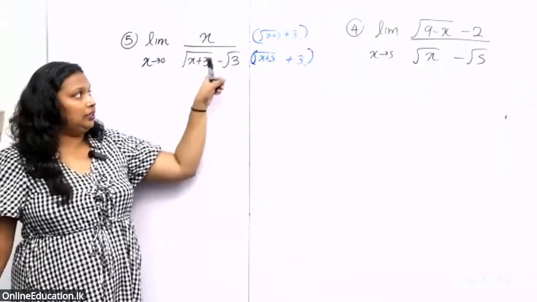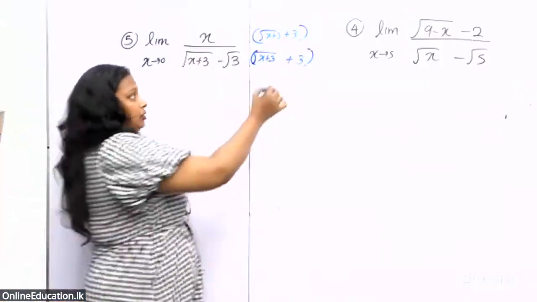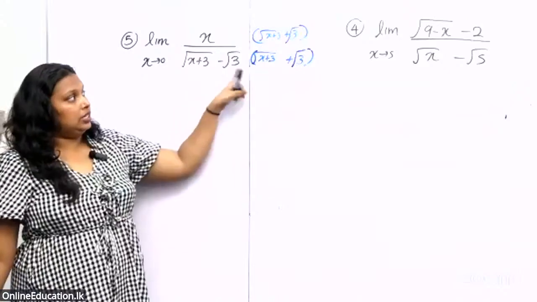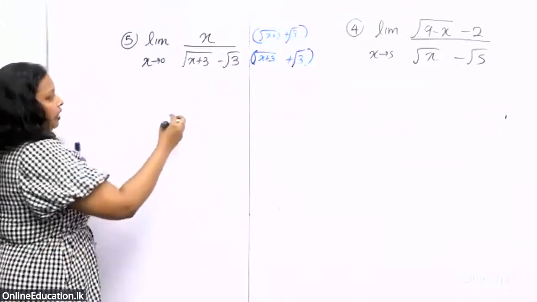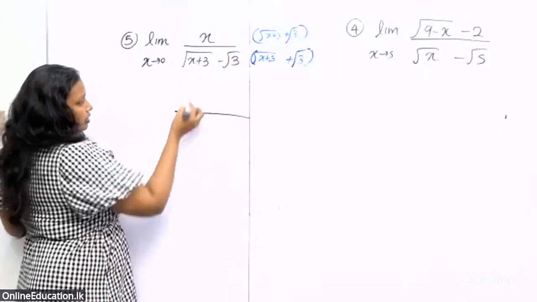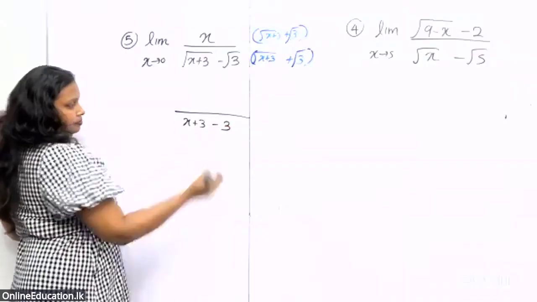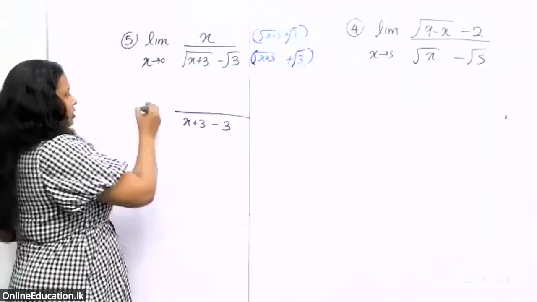So we can write the denominator as the square of this, x plus 3 minus 3. Is it clear? Difference of two squares.